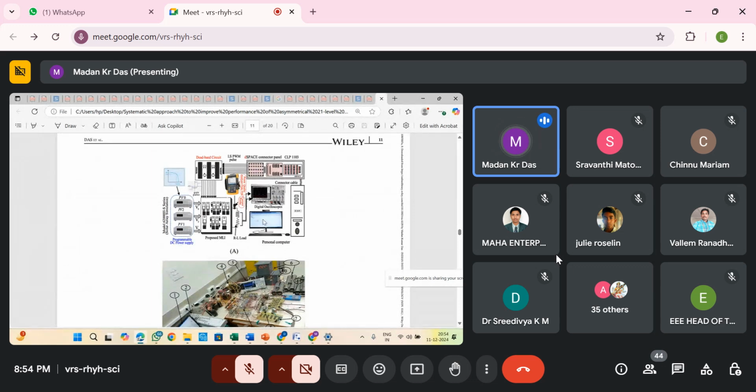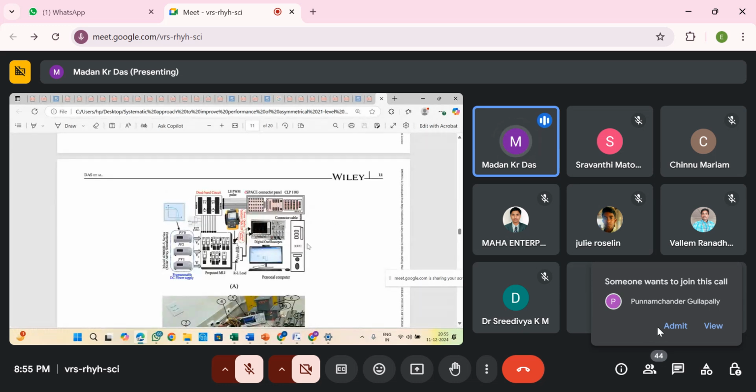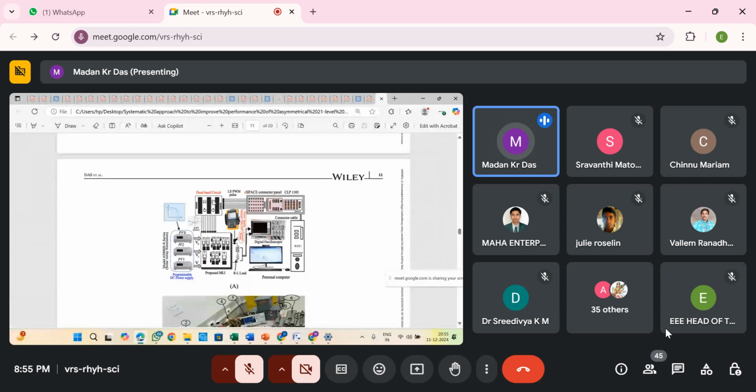And this is the complete setup of the proposed inverter. Here you can see the dSPACE, and the personal computer is connected with the dSPACE. The dSPACE generates the gate pulses through the deadband circuit we have used, and the deadband circuit provides the pulses to the proposed inverter. The inverter input is connected to a programmable power supply, and for measurement purposes we have used a Fluke analyzer.